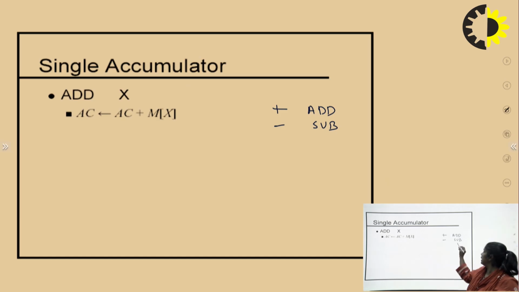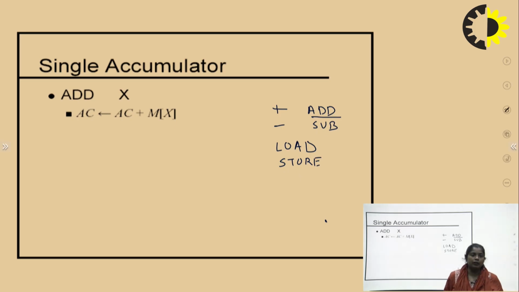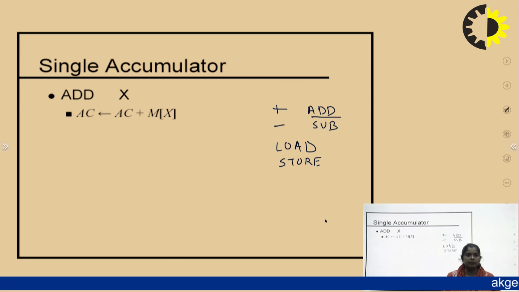Only three characters are used for the mnemonics of the micro operations. There can also be the operations load and store. Load and store are used for storing the result in the register.